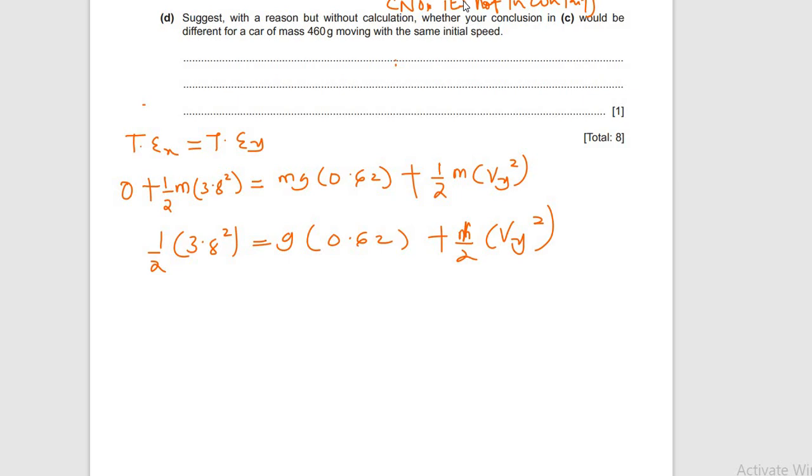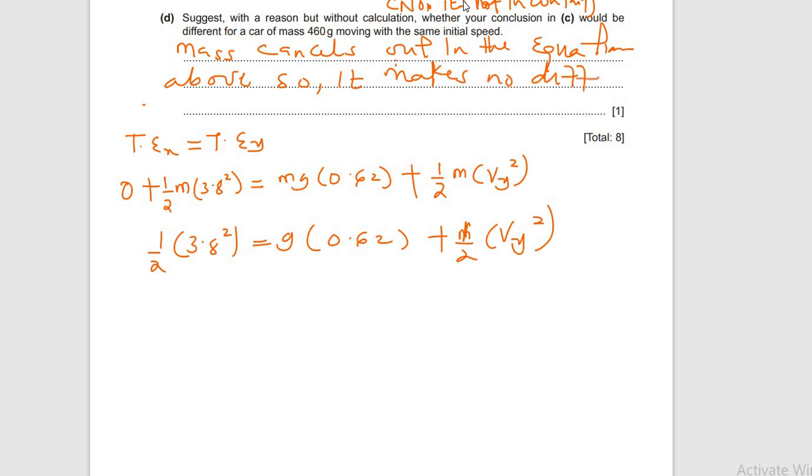So mass has no impact in determining whatever I want to determine in C. Since mass cancels out, I just need to write that mass cancels out in the equation above. So it makes no difference, or is independent of the mass. That's the answer.